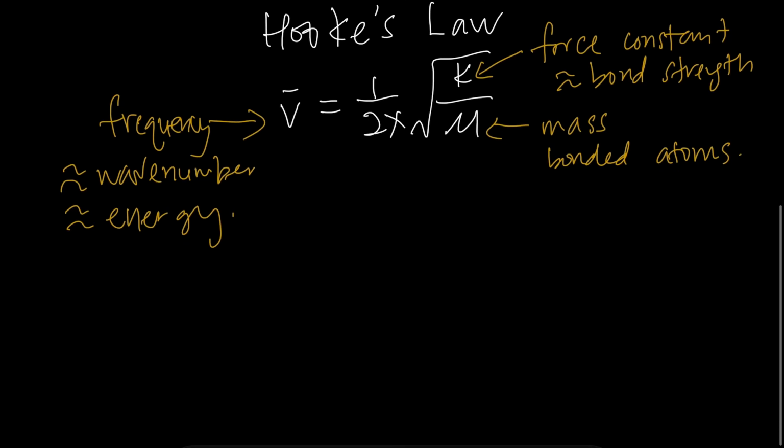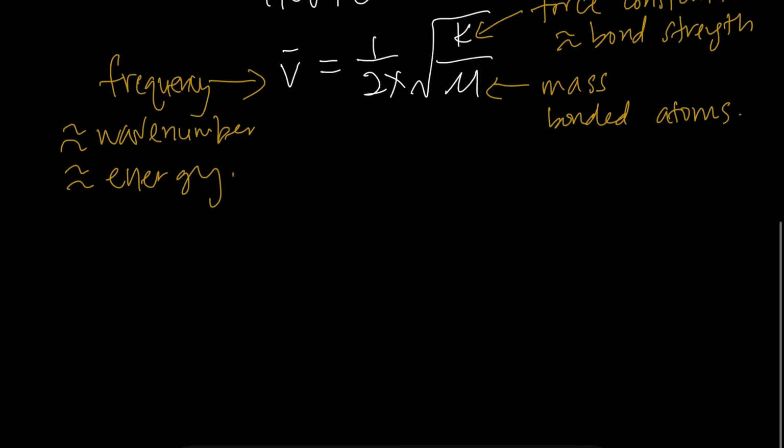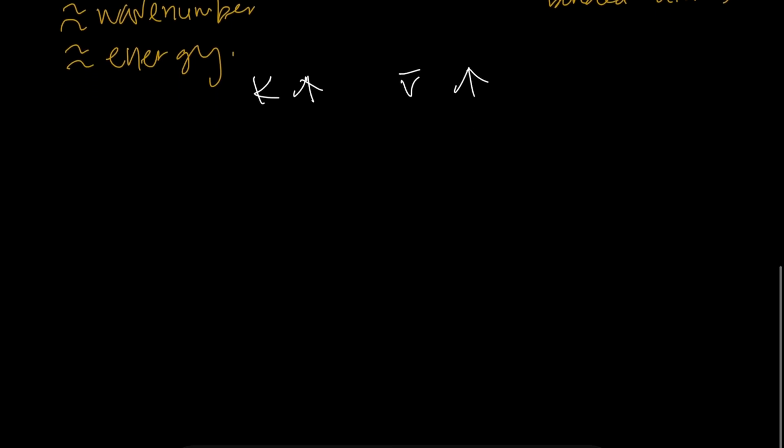First, let's look at K, the force constant or the bond strength. When K increases, or when you have a stronger bond, the frequency or the wave number increases. Let's look at an example.